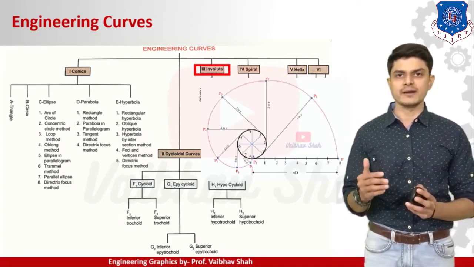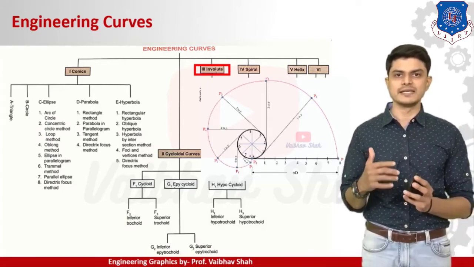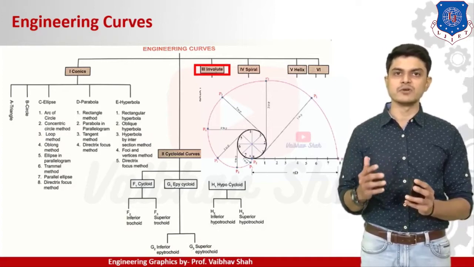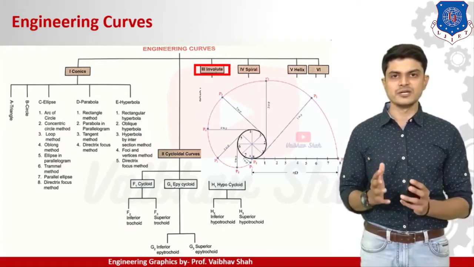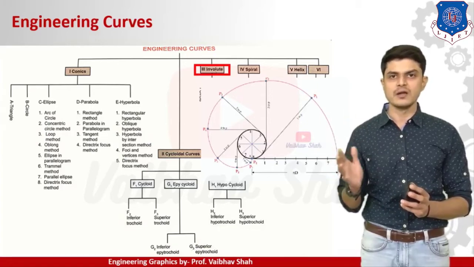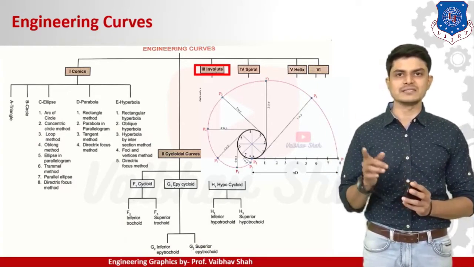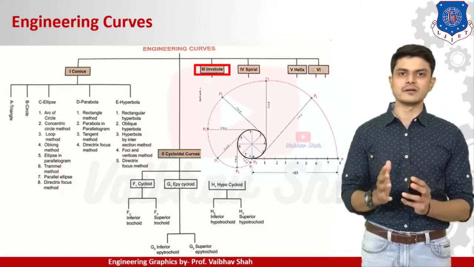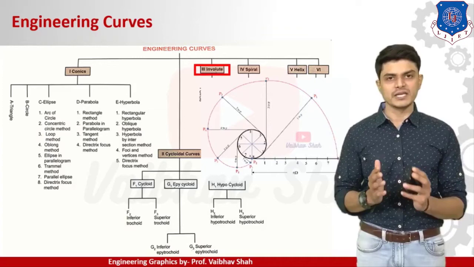If we change to a square, pentagon, hexagon, then its name changes to involute of a square, involute of a pentagon, involute of a hexagon, like this. So in this case, we have just wound the string around the circle, and we are tracing the end point of the string throughout its motion, and the curve generated is nothing but your involute.